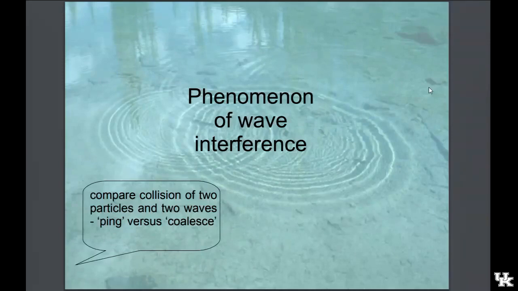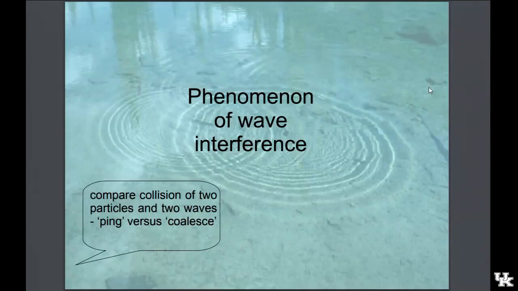So when two particles collide, strike one another, they kind of ping off one another, bounce off one another. There's a momentary interaction between the two particles, and then they bounce off one another. When two waves collide, those two waves kind of coalesce with one another. And then they emerge from one another.